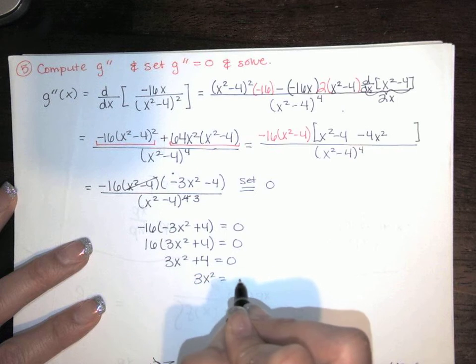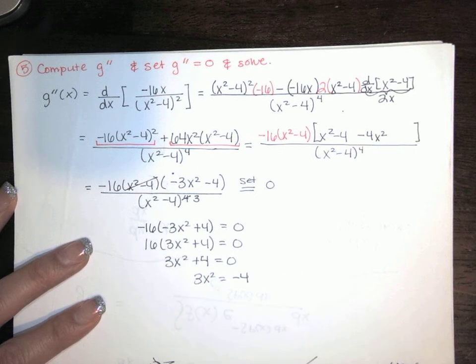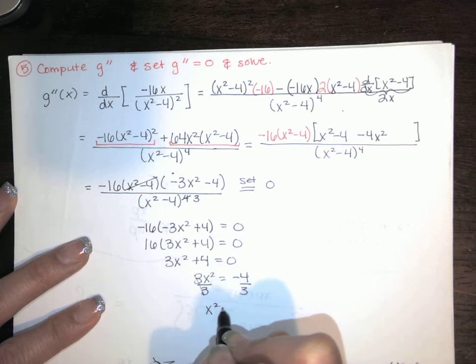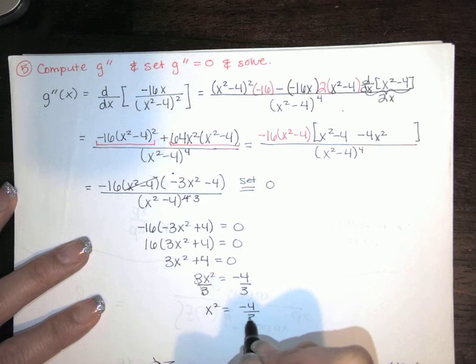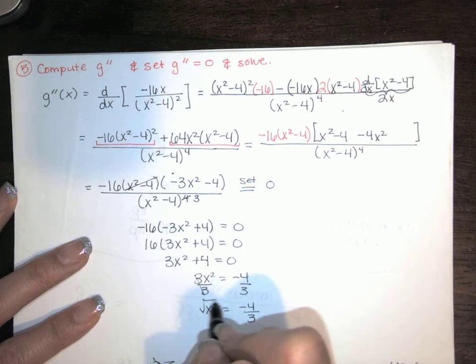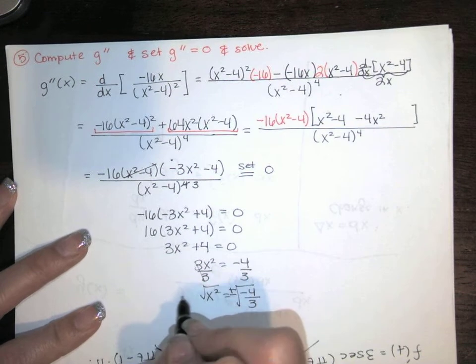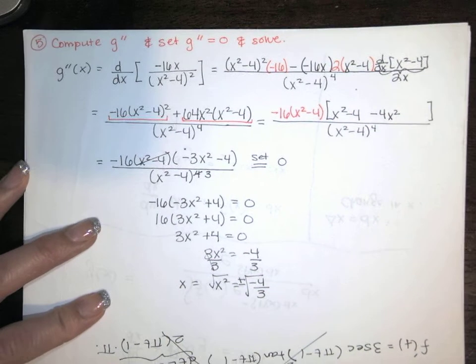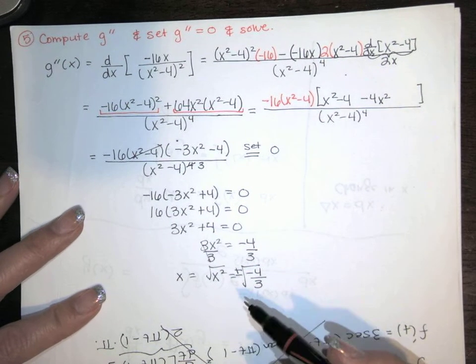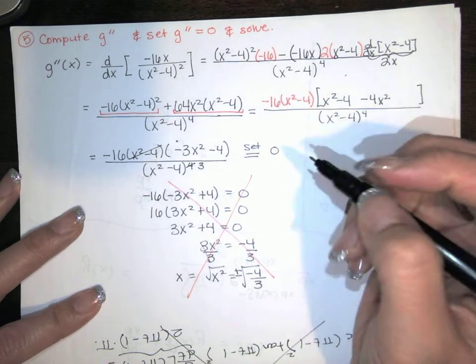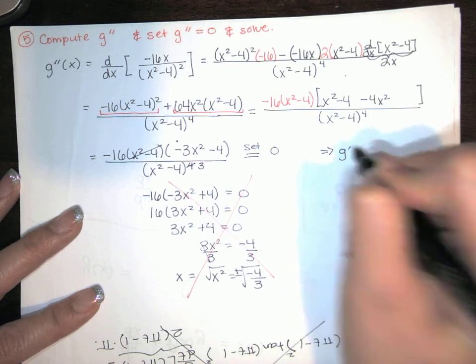If you're not sure, just go ahead and try to solve. See what happens? You get x squared equals that negative number. That's possible, but not in the real number system. We'd have x equals plus or minus the square root of a negative, and that's not what we want. So g prime is never 0 in the real number system.